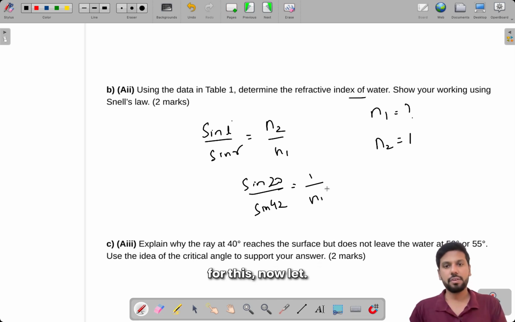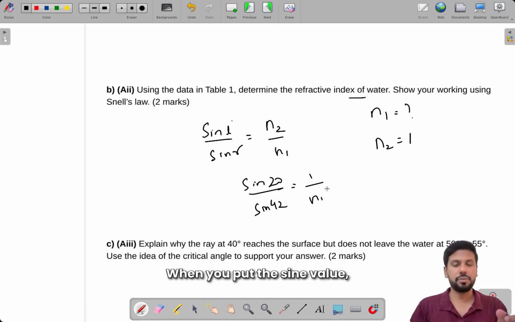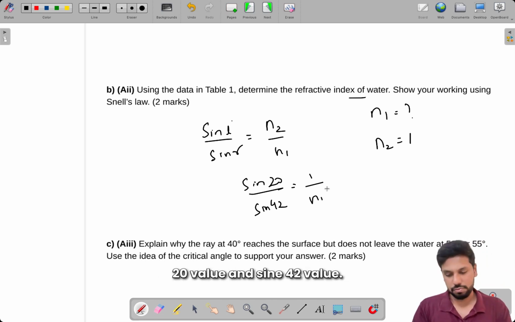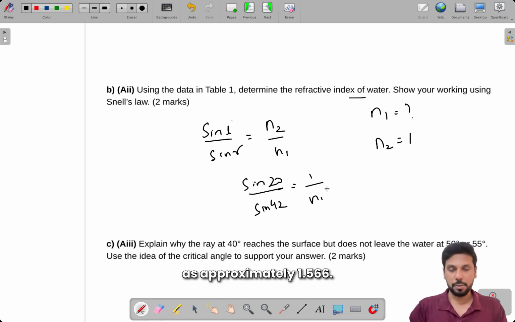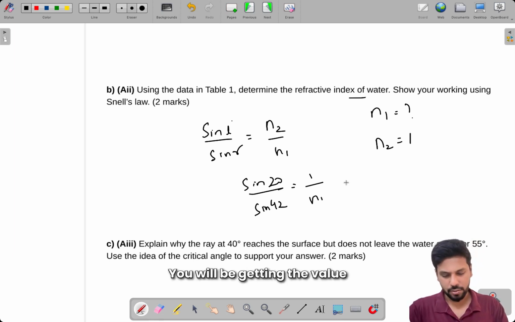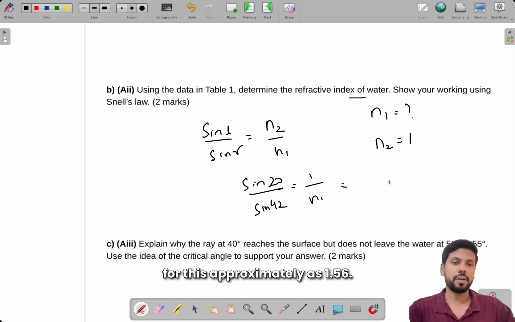Now, when you put the sine 20 value and sine 42 value in the calculator, you will be getting the answer as approximately 1.56.